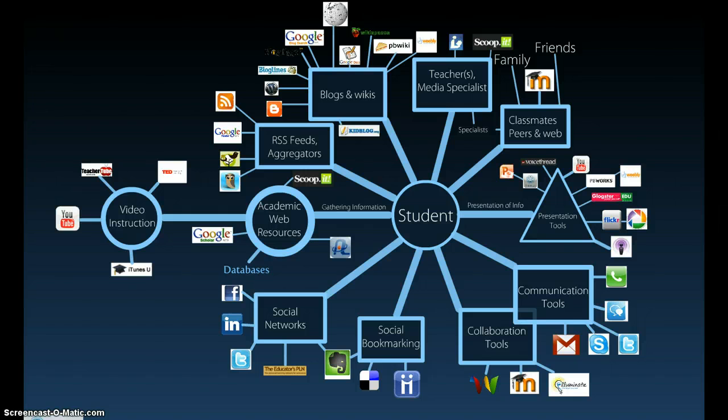And social networks and social bookmarking tools are also very helpful, both for bookmarking your own sites you find of interest and also looking at other people's sites you find of interest and communicating those through social networks. And then you'll see communication and collaboration tools down in the bottom right there for communicating with experts and others in the field. And finally, presentation tools. How are you going to present this information to others?